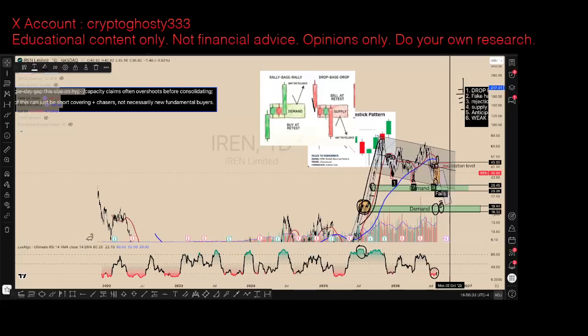Even though IREN has detached itself from mining Bitcoin, it would still be affected because the sentiment on the whole industry would be a risk-off environment, especially if the Nasdaq, the QQQ, the NDX, starts tanking. If we have all of that, we certainly have a lot more risk than a lot of people on Spaces are telling people, right?